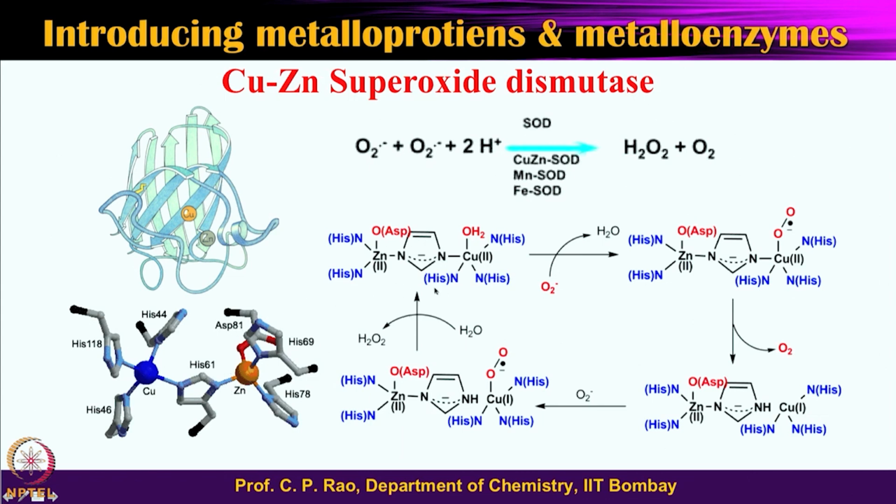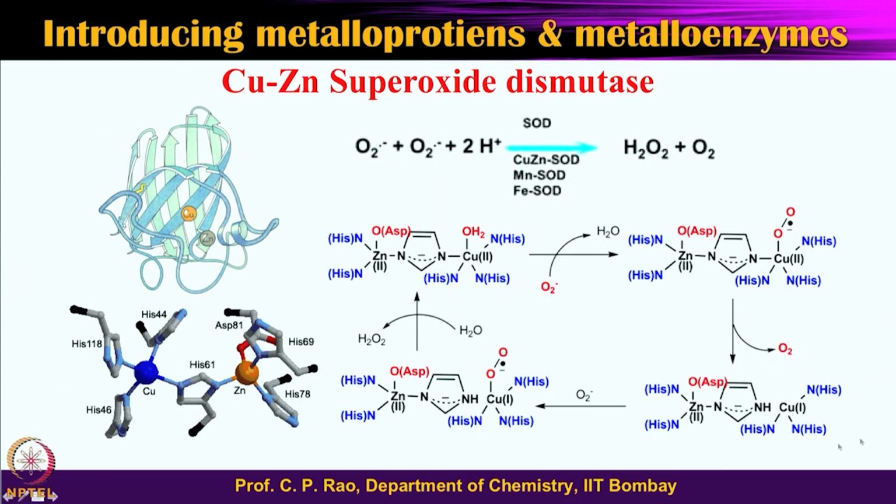Now, you take the native form of the enzyme where you have copper 2, and you add the O2 minus. The O2 minus will bind at the copper 2 center, and the redox takes place and it goes out as O2. That means it takes the electron out, copper 2 becomes copper 1, and the O2 minus dot becomes O2, and the O2 is out.